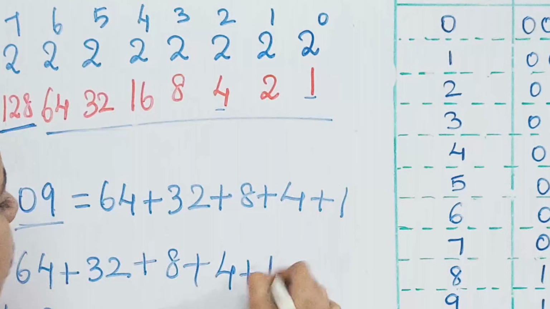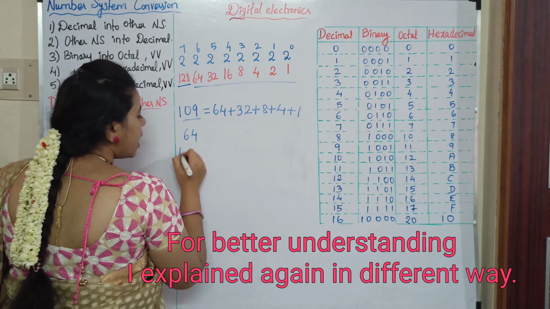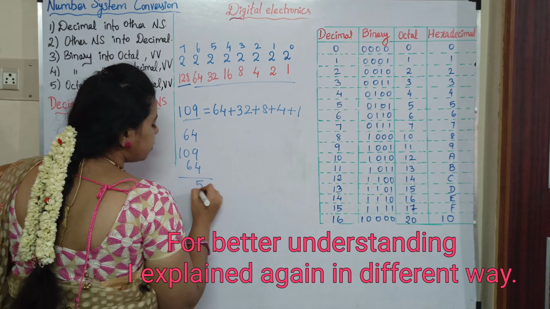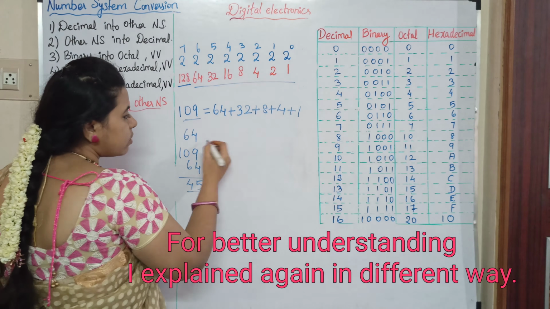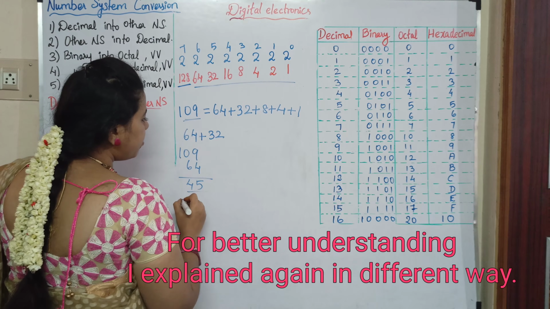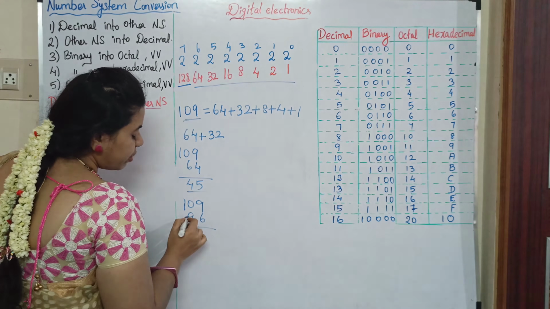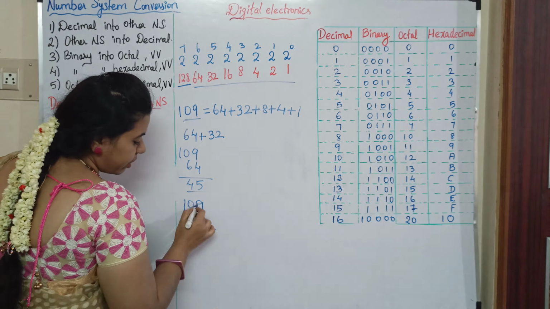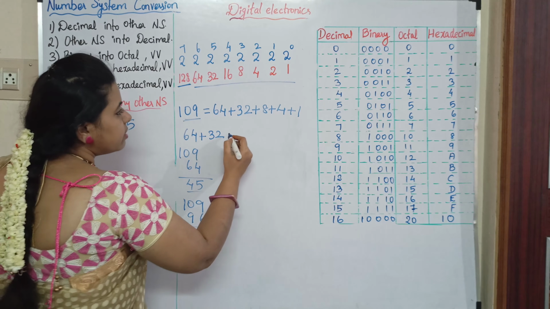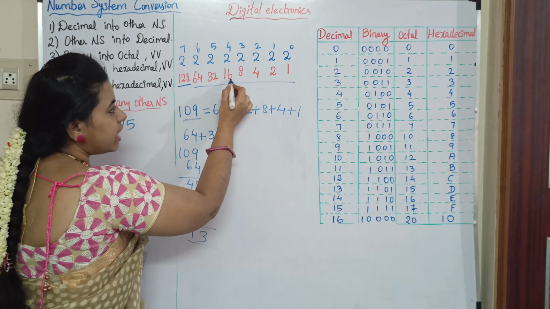First consider the value 64. 109 minus 64 is equal to 45. So I am adding this with 32. Again I am going to compare this with 109. I am going to subtract 96 from 109. I will get 13. So I am taking the value 8 because 16 is greater than 13.